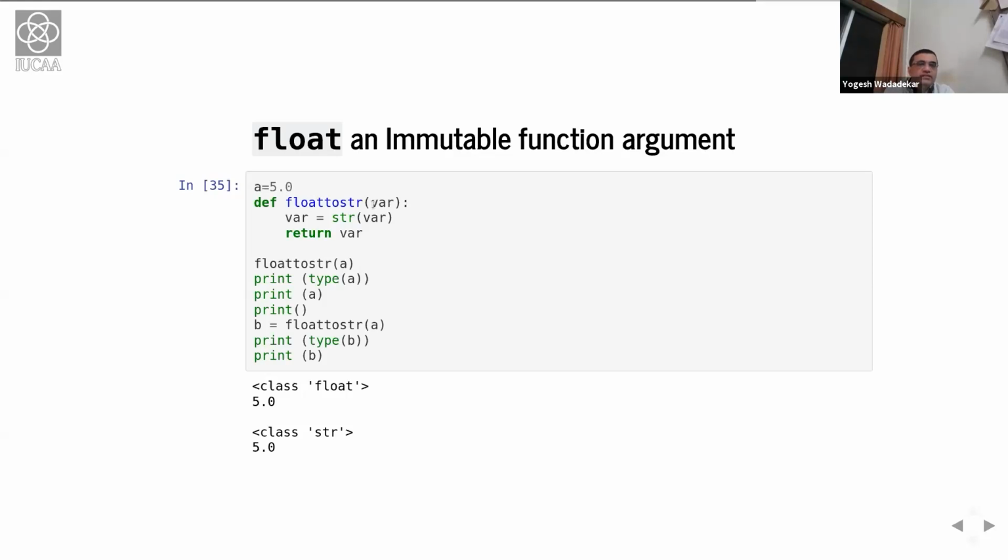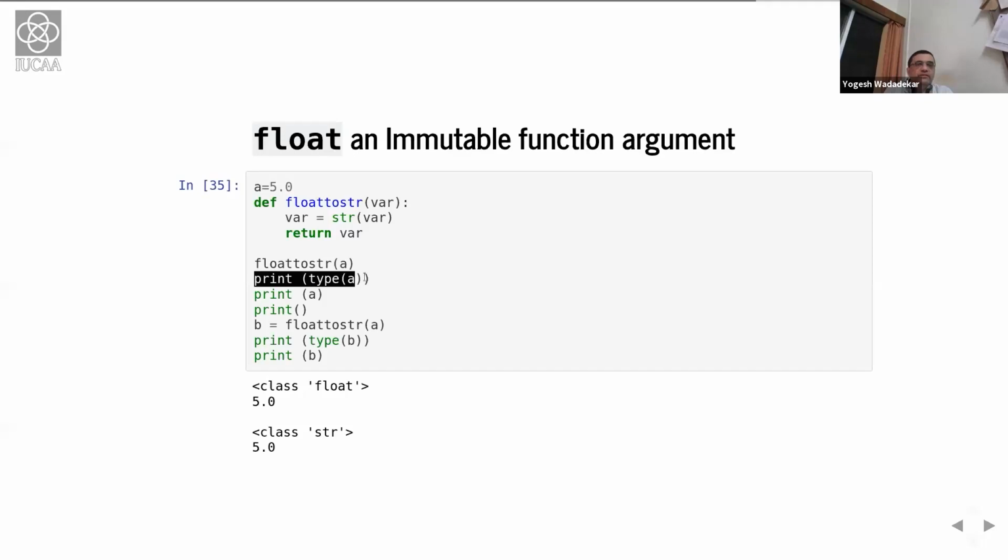It takes some variable as an input, and all it does is replace the value of the variable that came in with a string variable. We saw that the string function is a typecasting function, which will take whatever argument it got and convert that to a string. And then, of course, I simply return the variable. Now, if I do float to string a?